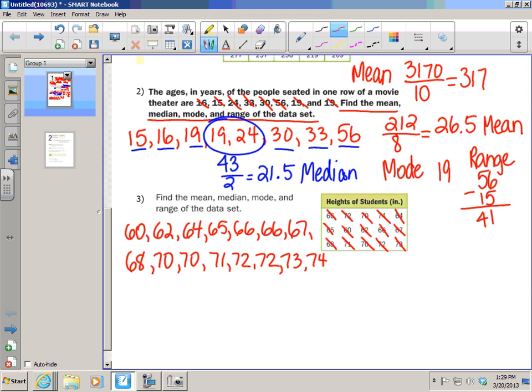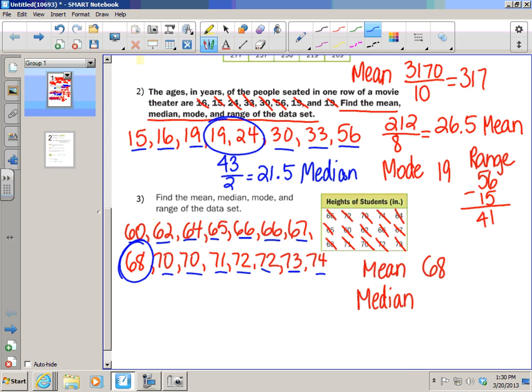So the mean, adding all of them up and dividing by the 15 of them, gives me an average of 68. The median being the middle number, I'm going to work my way from the outside to get 68 for my median.